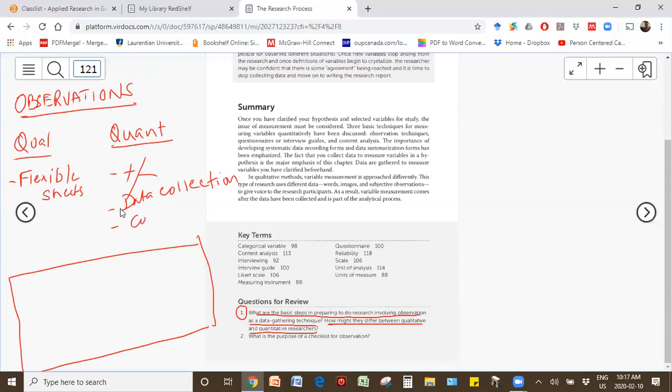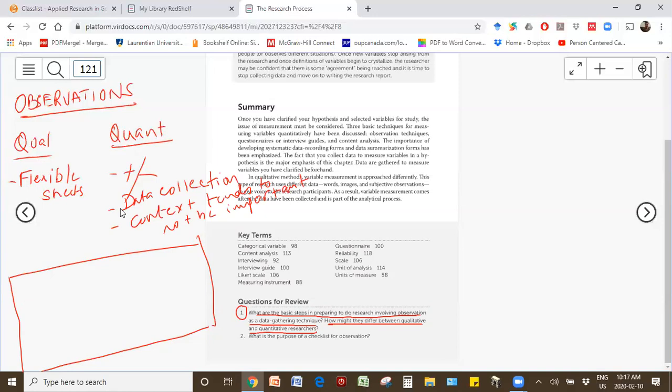Context tends to not be important. Of course, quantitative researchers will argue that no, it is important, but the degree to which importance is assigned is quite different between qualitative and quantitative.